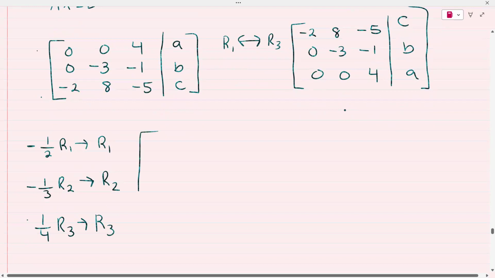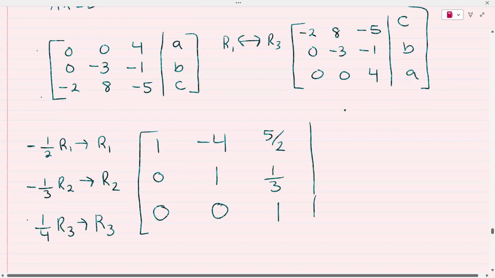When you do all the work, you get 1, 0, 0, -4, 1, 0, 5/2, 1/3, 1, and then this is going to be -C/2, -B/3, A/4.